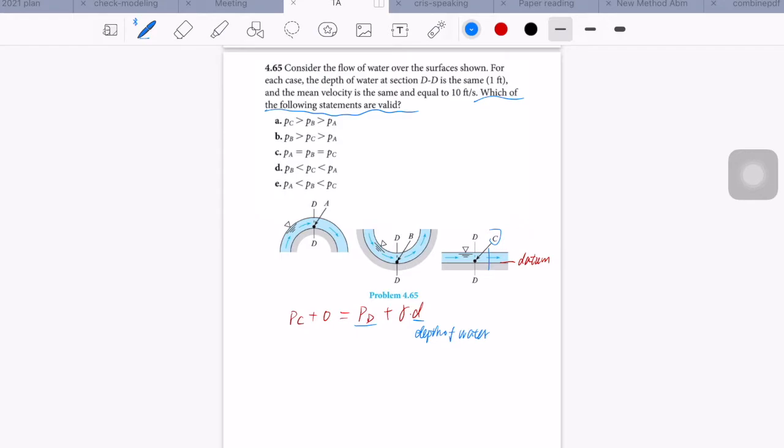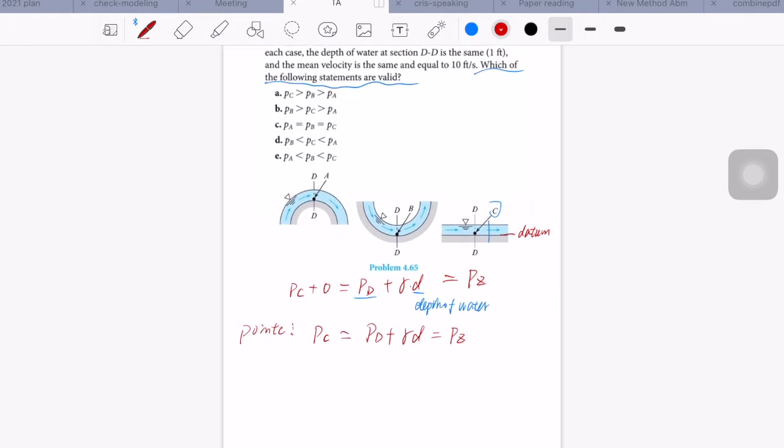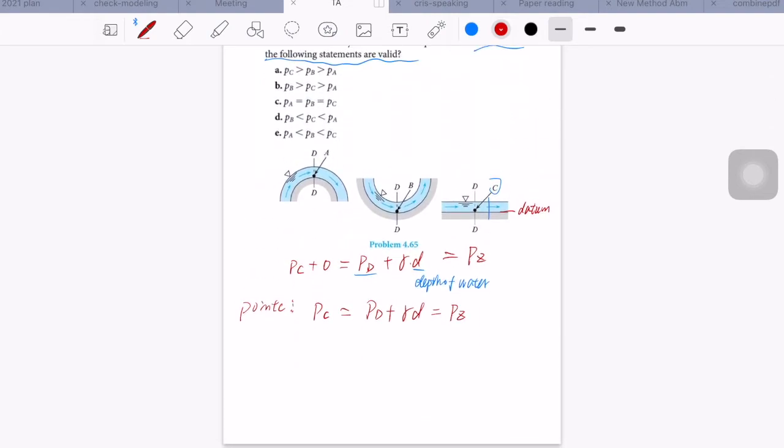And actually, this is also equal to PZ. Actually, this is barometric pressure. And so we can get that PC should be equal to PD plus gamma D, equal to PZ. This is for point C. And then let's look at points A and B together.